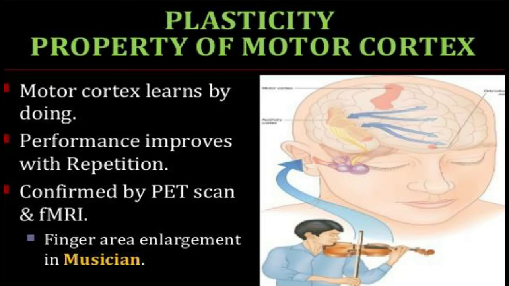Okay? So, for you to understand, now we have the plasticity property of motor cortex. Motor cortex is learned by doing. Okay? So, meaning if you are going to understand everything, you will learn by doing.